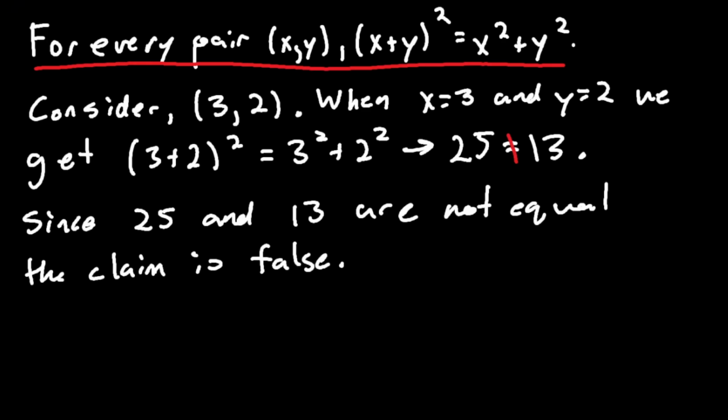That's really all you need to put down. It's very short compared to direct proofs and proofs by contrapositive, like in the previous videos I've covered. This one is very easy. Remember, whenever you see a claim that states for every or for arbitrary, and it's false, you just need to provide one example of the claim being wrong for the entire thing to be wrong.